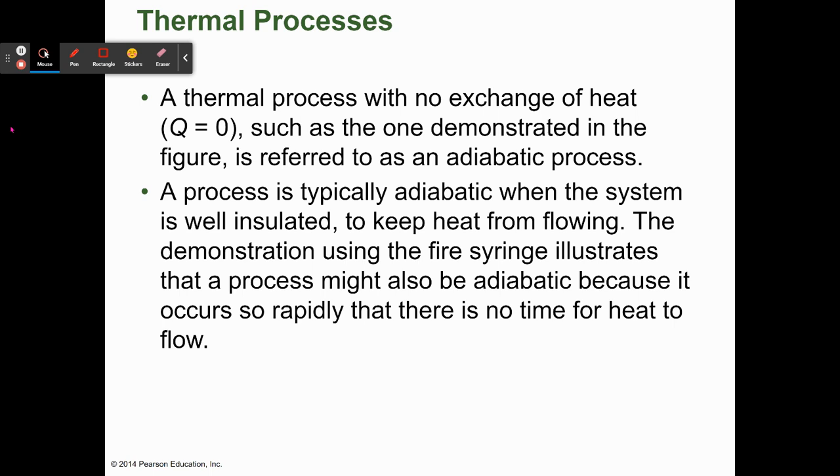A thermal process with no exchange of heat, so we're not having heat being put in or heat being given off, that's what we call an adiabatic process. So when the temperature stays the same, that's isothermal. When there's no exchange of heat, so when Q is 0, that is called an adiabatic process.